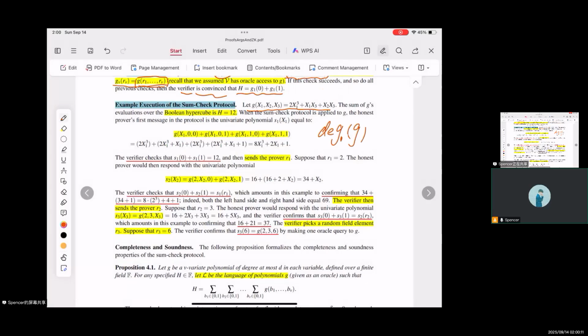Degree 1 means the degree of g1(x1). To compute g1(x1), we need to sum g(x1, x2, x3) over all the possible inputs, where x2 belongs to {0,1} and x3 belongs to {0,1}. We need to compute this sum to get g1(x1).